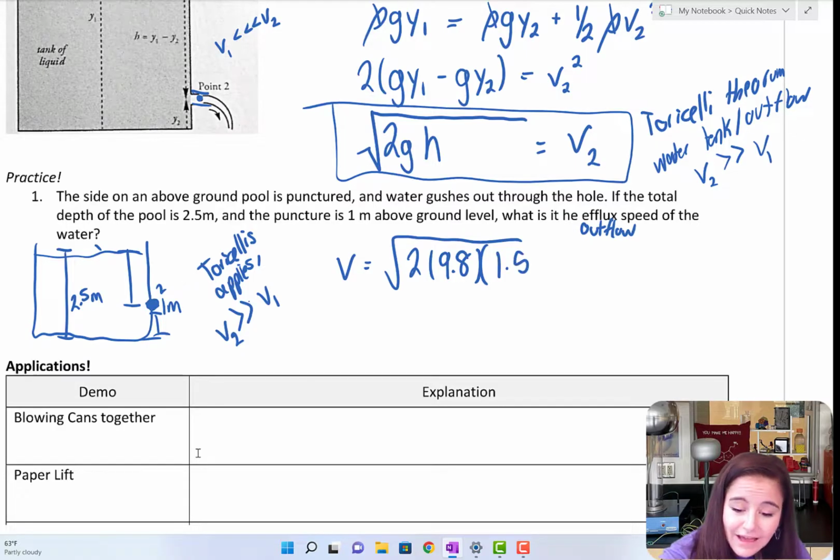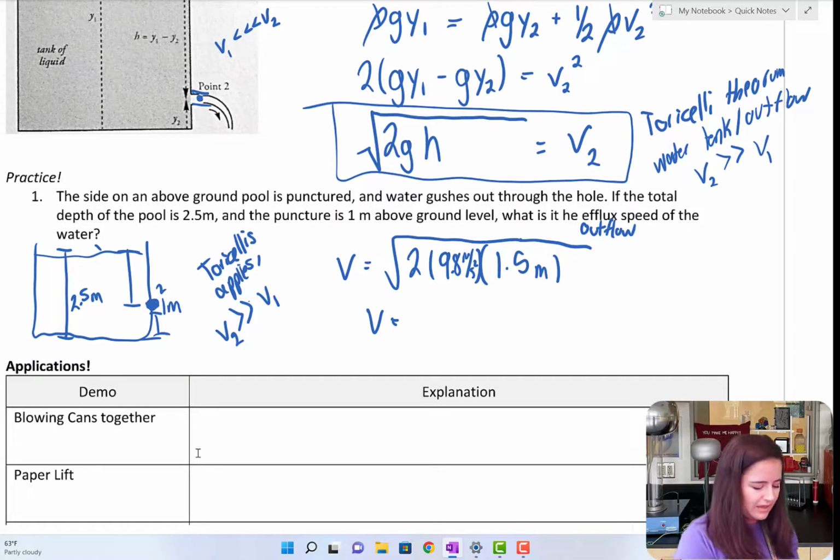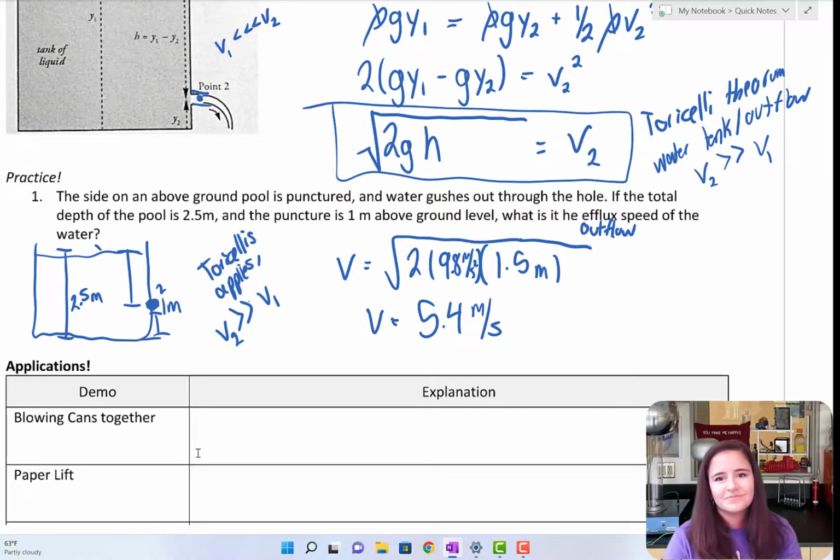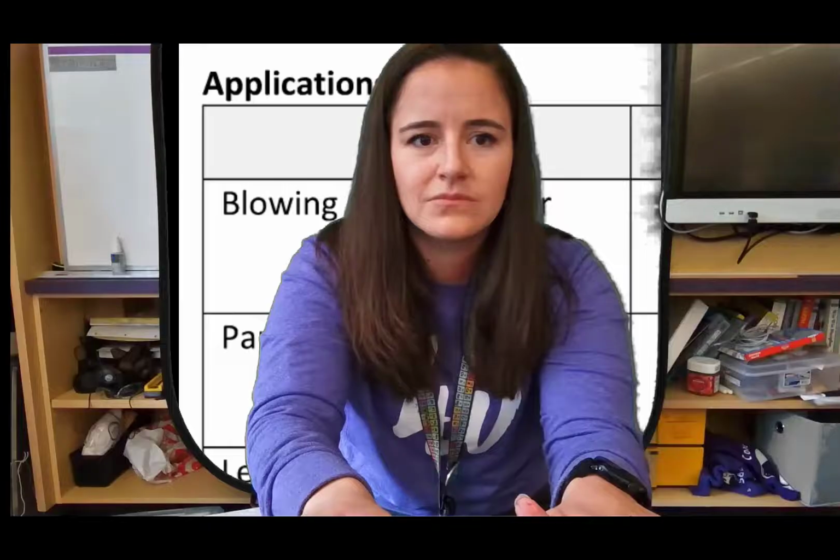It would just be that 1.5 meters. Now I can put units in this one. So we get a velocity of 5.4 meters per second. Okay, cool.